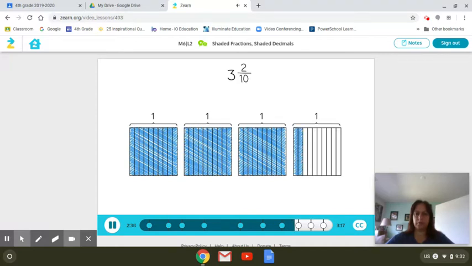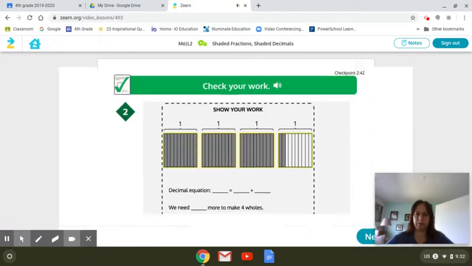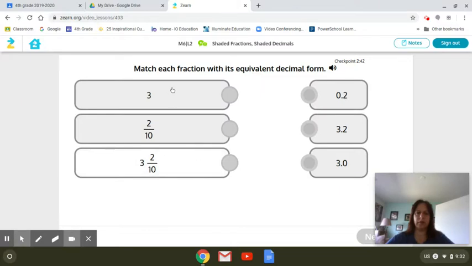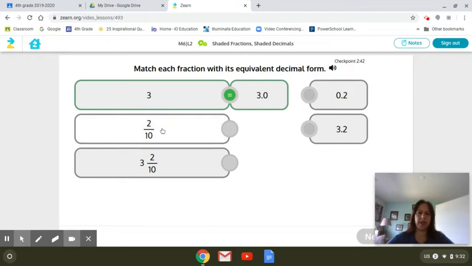That's right. Now let's break down this mixed number in decimal form. Match each fraction with its equivalent decimal form. So 3 would be 3 wholes. It's like $3, right? So that would go with 3 because it's before the decimal point. 2 tenths would go with 0.2.